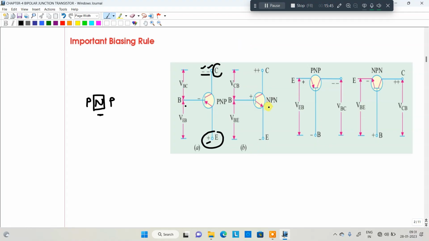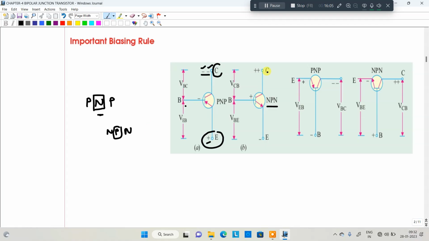In the case of an NPN transistor, P-type means positive. I'm giving you the shortcut. Here N is negative. In the NPN transistor, the middle terminal is P. P means positive, you can identify it with that shortcut.